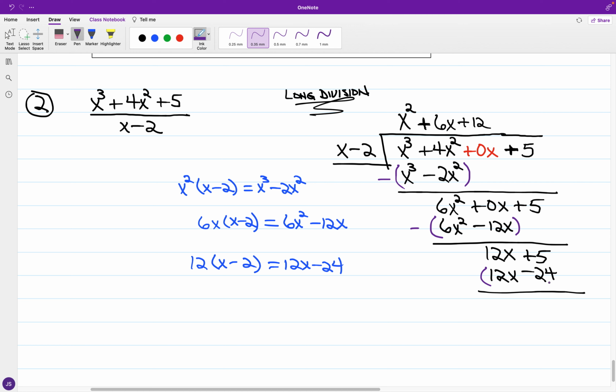And applying the subtraction once more. So I got 12x minus 12x will go out, and 5 minus negative 24. Okay, this will translate to 5 plus 24. And so this will come out to 29.